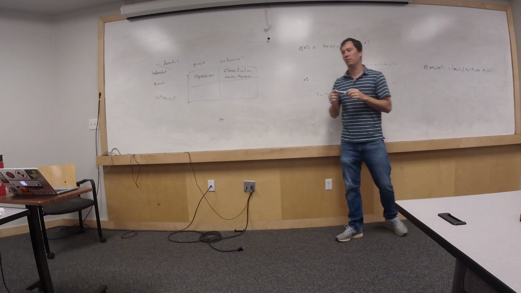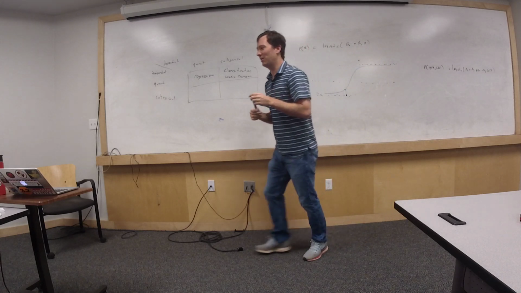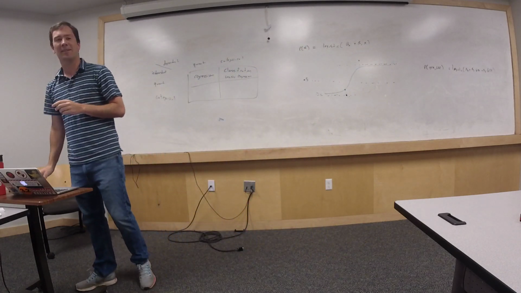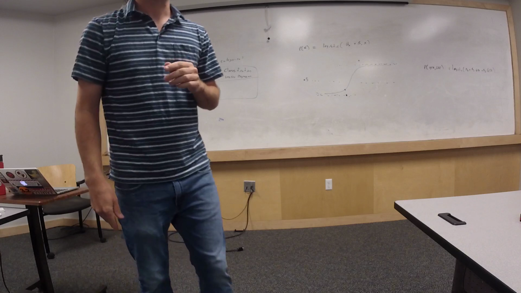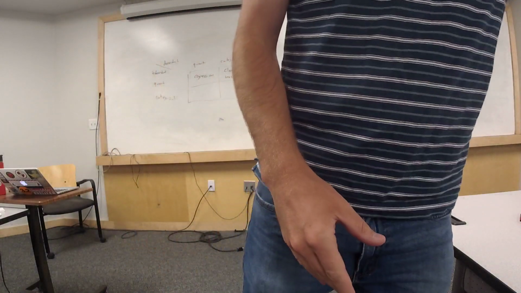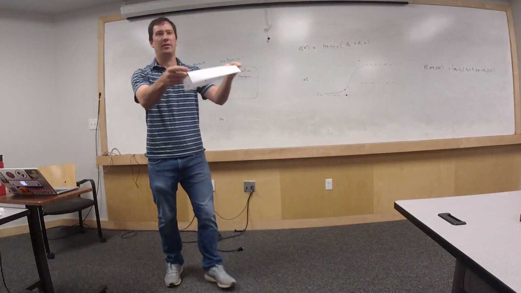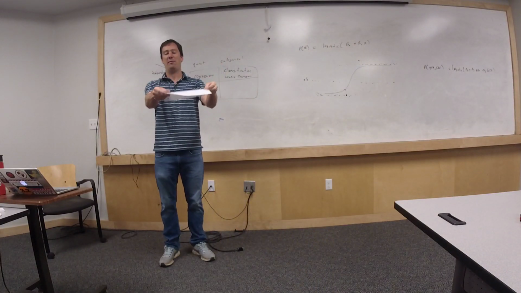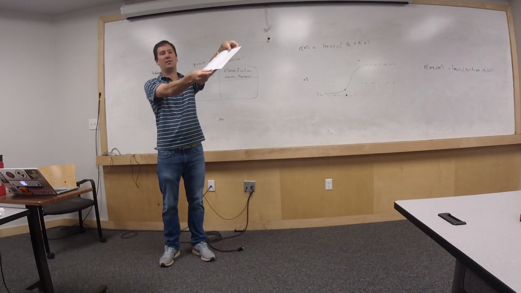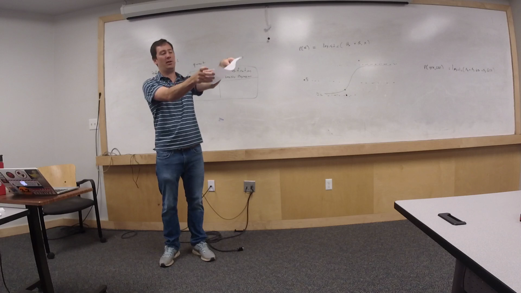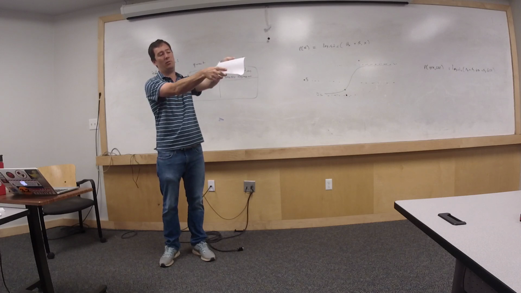Okay? So I may have a sheet of paper. So what I'm going to get out of this, in however many dimensions I have, I'm going to fit this plane in my data, and then I'm going to curve the whole plane.